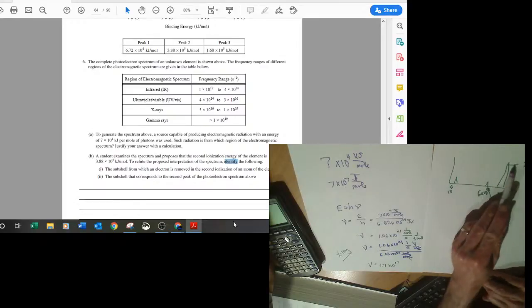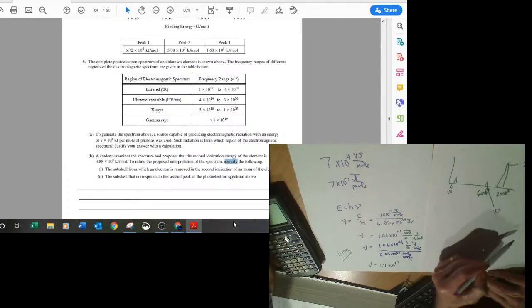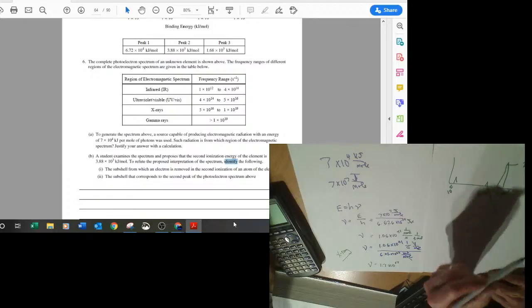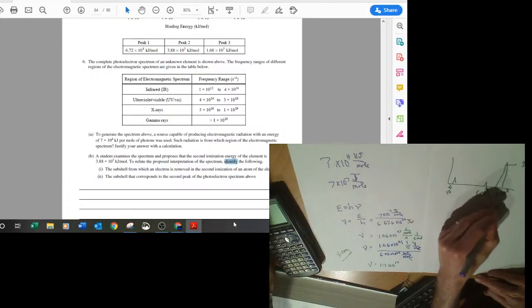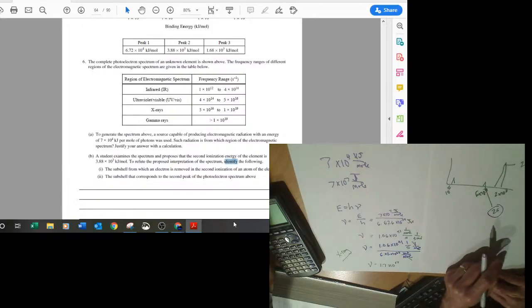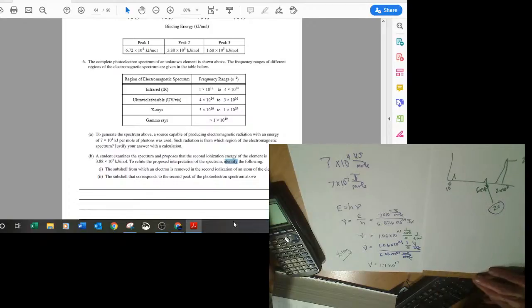You're taking the first electron from the 2p. What would be the second ionization energy? You would also be taking it from the 2p. Okay, then they say, what peak is this? That's the 2s peak. The second electron's not going to come from the 2s peak. Alright, does that make sense?